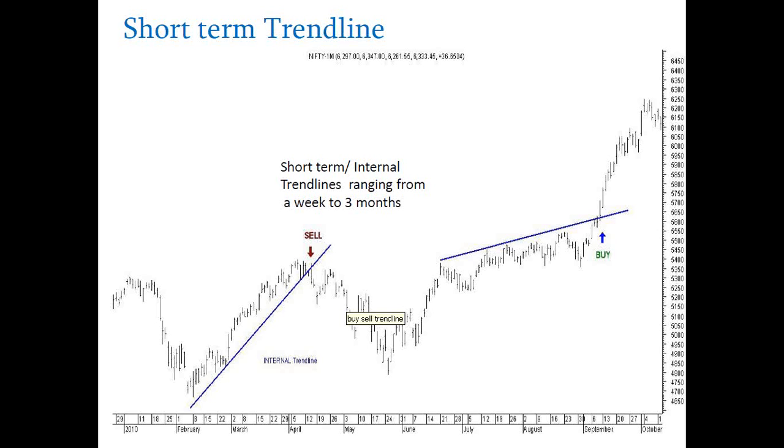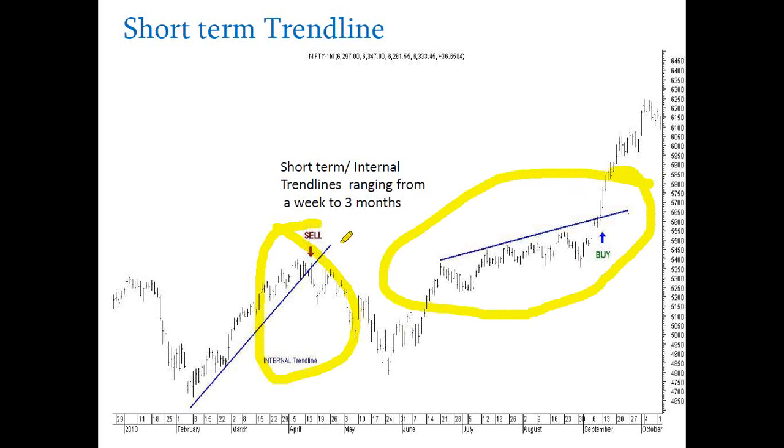So a long-term trend line and a short-term trend line combine, and then the buying or selling signal is generated. As you can see out here, these are very, very short duration trend lines which are being drawn here, also known as internal trend lines.